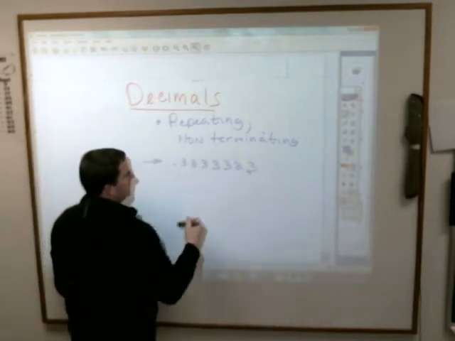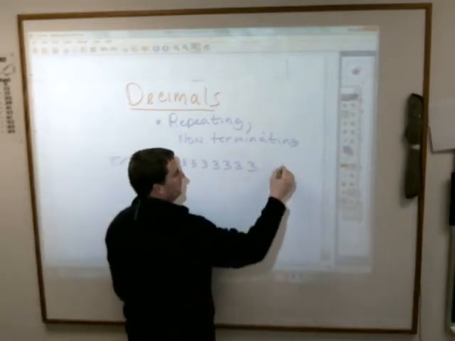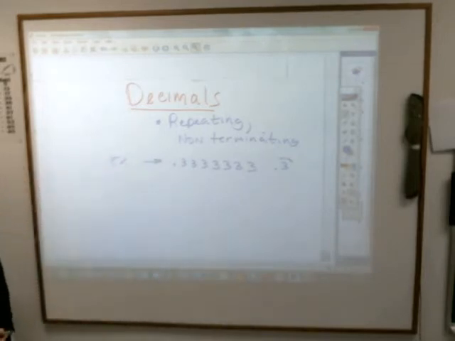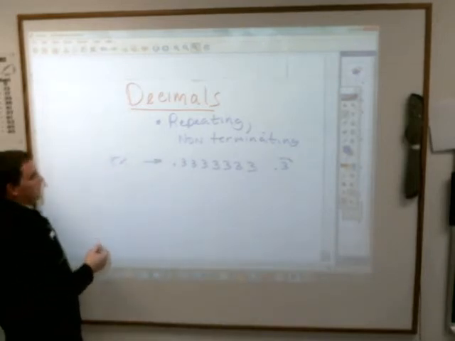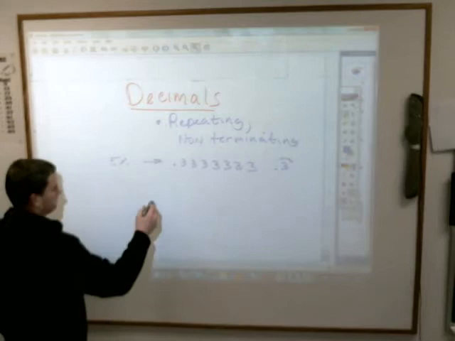0.33333. You could write that forever and ever. We don't. We just do 0.3 with a line over it, and that tells us it repeats and never stops. Another example is 0.16.